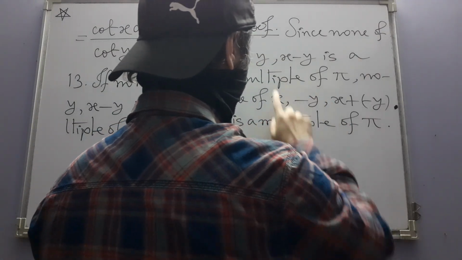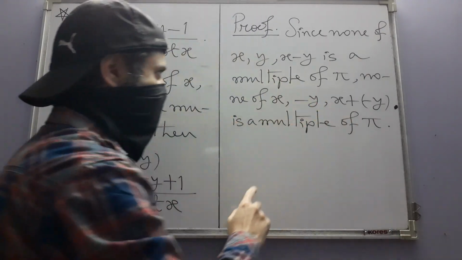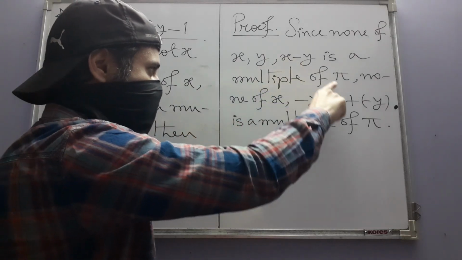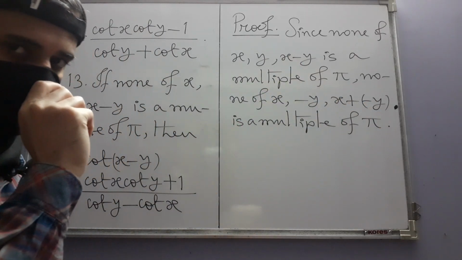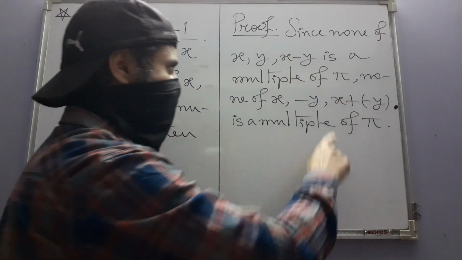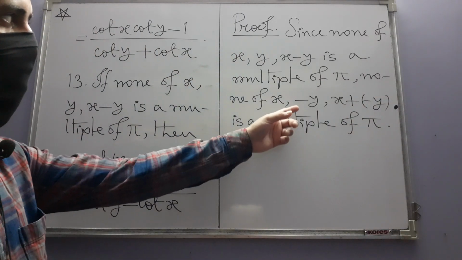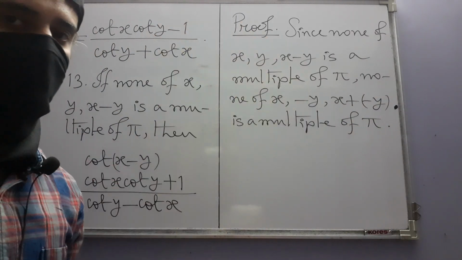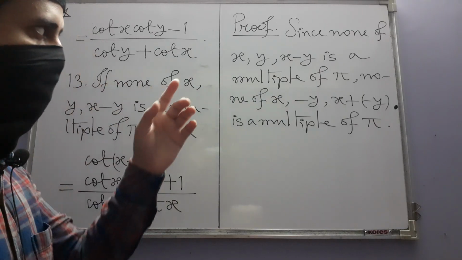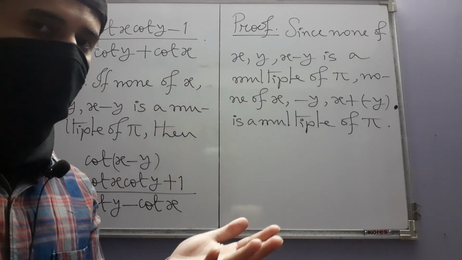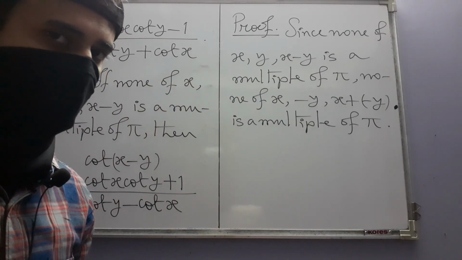What we have done here, x of course is simply x, and x minus y we have written slightly differently. There is a reason for that. It's written as x plus minus y. But in place of y I am writing minus y, and I am saying that just like y, minus y is also not an integer multiple of pi.